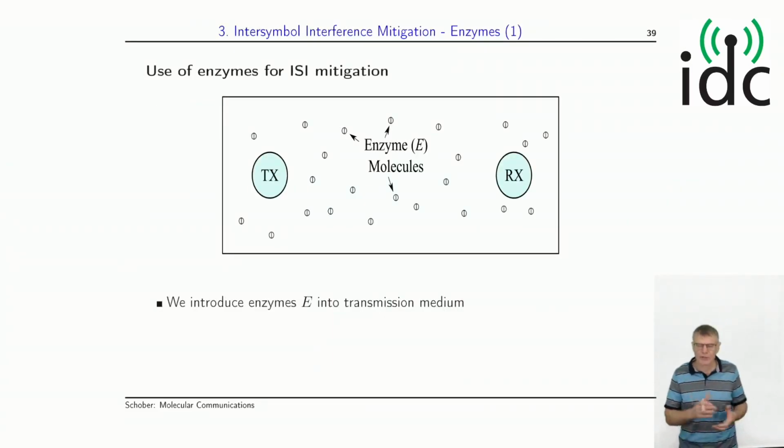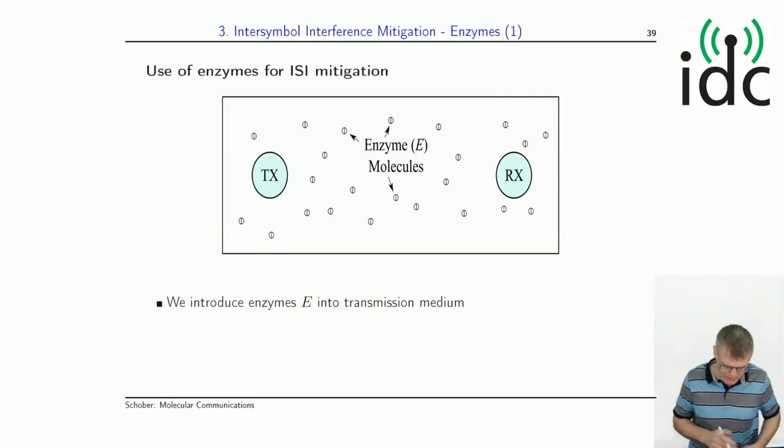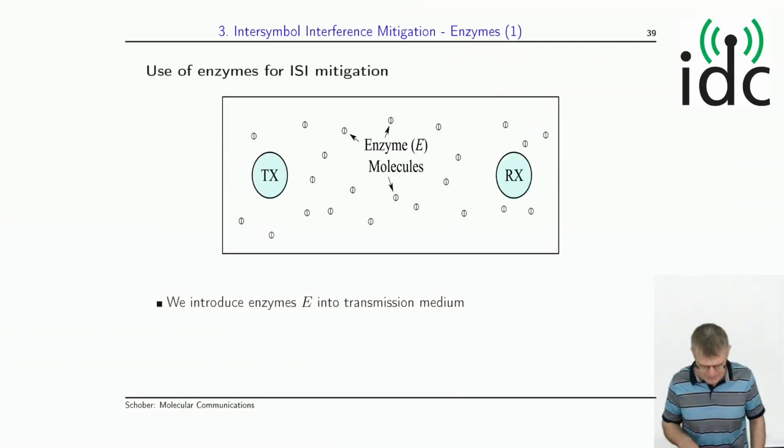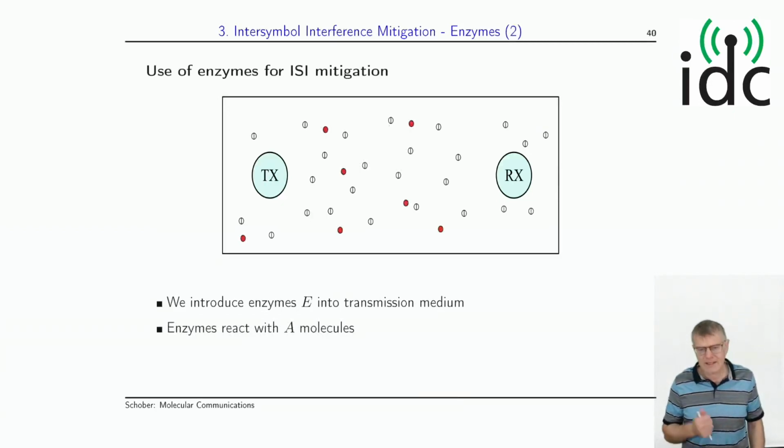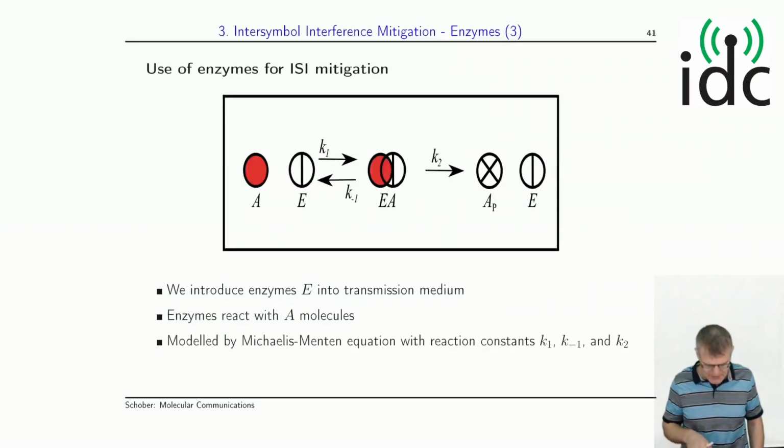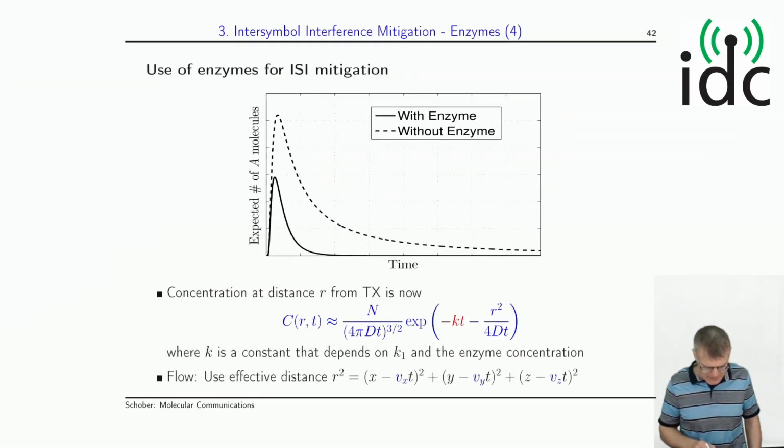So the last two approaches I would like to discuss here a little bit more. Let's start with the enzyme, right? So we saw before we have a transmitter, we have a receiver, and now we have the enzyme in the environment. The transmitter releases the signaling molecules, and some of these signaling molecules get degraded by the enzyme, as we saw before. And as a result, the impulse response between transmitter and receiver gets shortened, right?